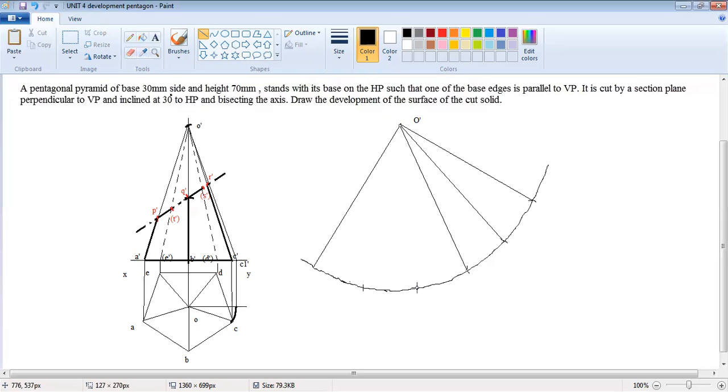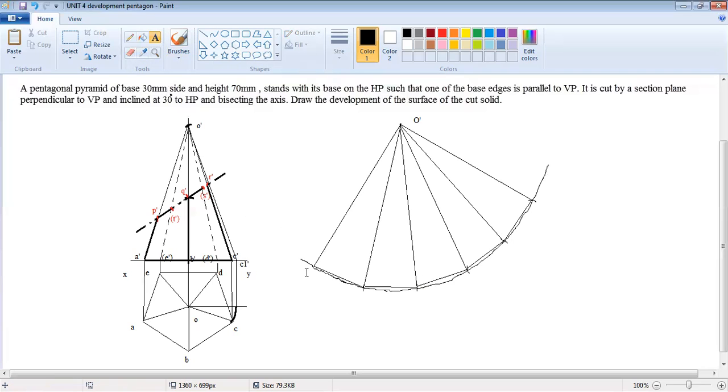The basement of the pentagon pyramid is a straight line edge, but we are having here the arc like edges. So we will connect this point by using scale. If it is cone, it will be like this. So the pentagonal pyramid, the base edges should be straight edges. So we have to join those lines first by using scale.